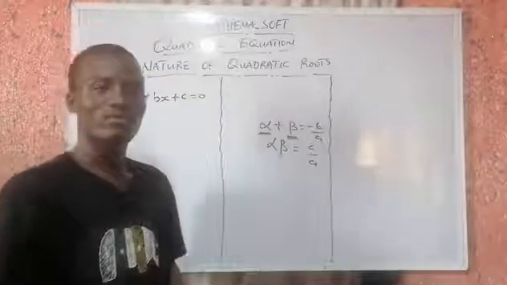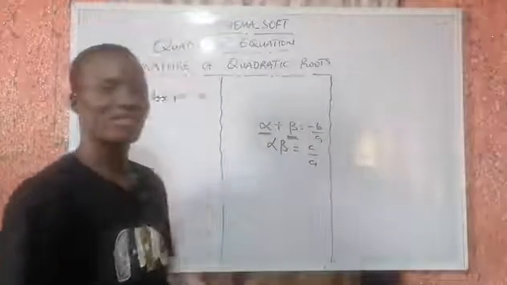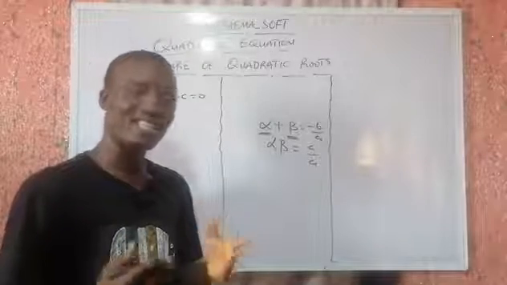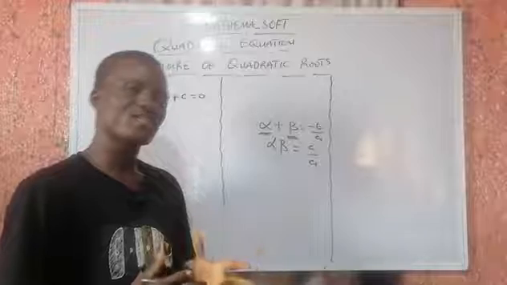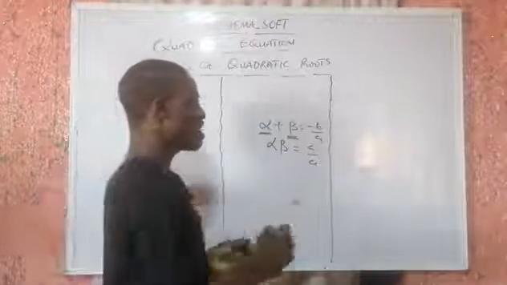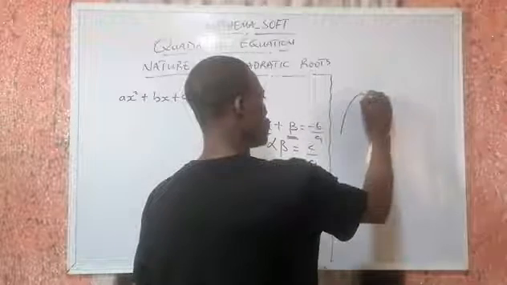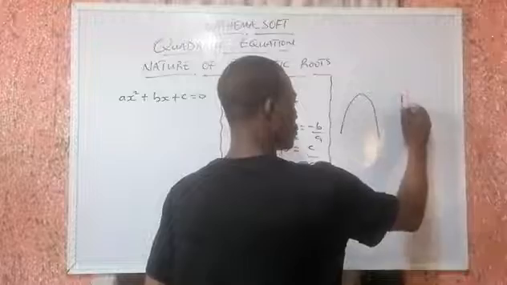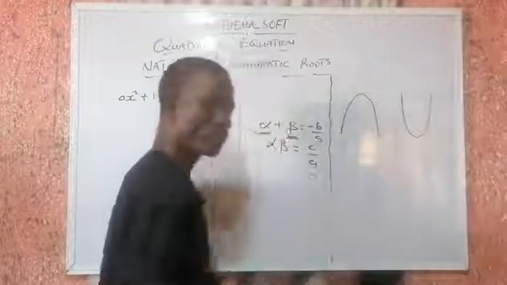Before we move further, we must also look at the nature of a quadratic graph. And by saying the nature, I mean the appearance of a quadratic graph. A quadratic graph will always appear in two forms. It is either N shape or U shape.